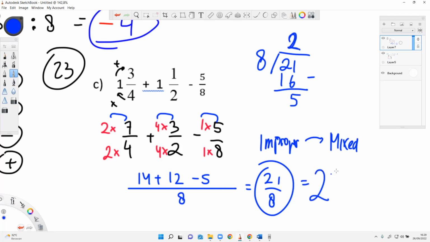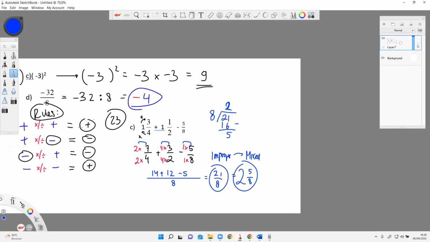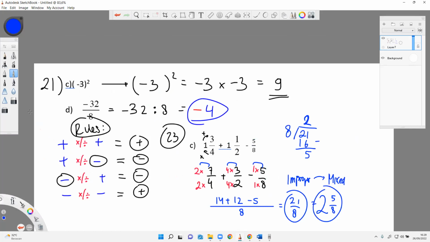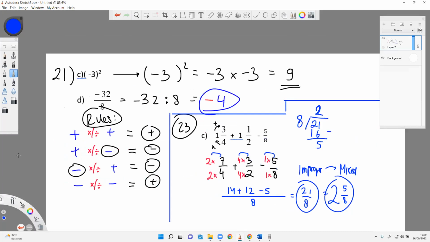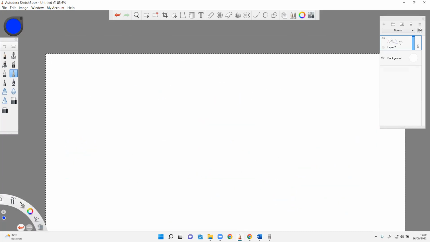The remainder is 5, put on top, and the denominator is 8. There you go. So it is either improper or mixed. Both of them are okay, in my opinion, but it still goes back to your teacher. Check whether your teacher is fond of mixed or improper. But in my opinion, improper is better. Why? Because you don't have to do any further calculation. Okay, done.